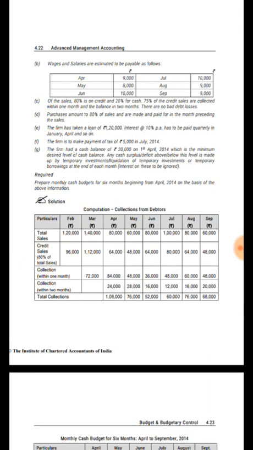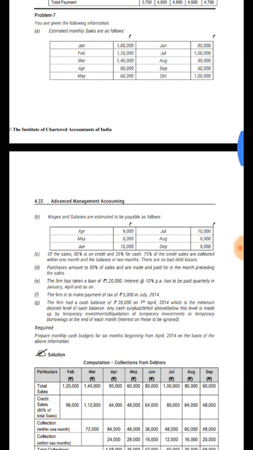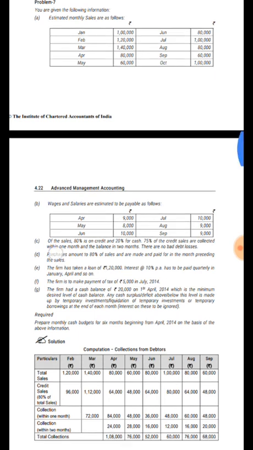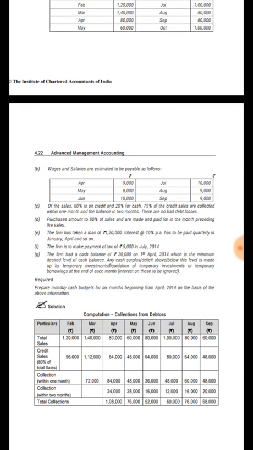What they say: purchase amount is 80% of sales and is made and paid for in the month preceding the sales. For example, we are making the budget from April, so May's sales are paid for in April. So 60,000 into 80%, because 80% of sales are made and paid in the month preceding the sales.